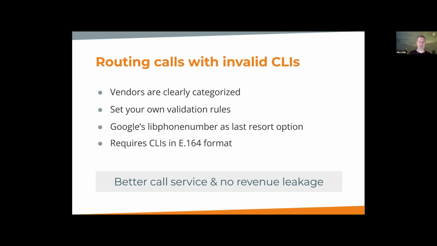So this feature is supposed to slightly improve your calling service for your customers, because there will be no time wasted in attempts to route the call to a vendor which would not accept that call because of the invalid CLI.